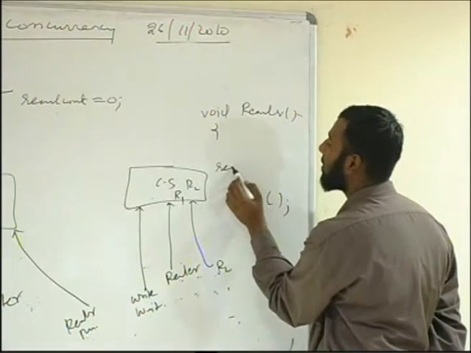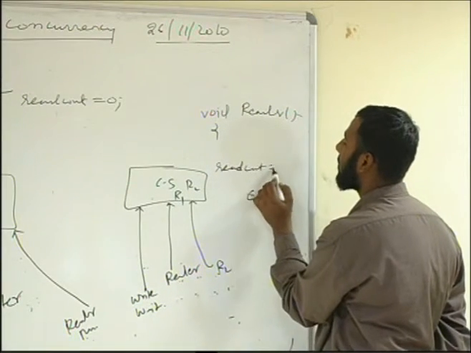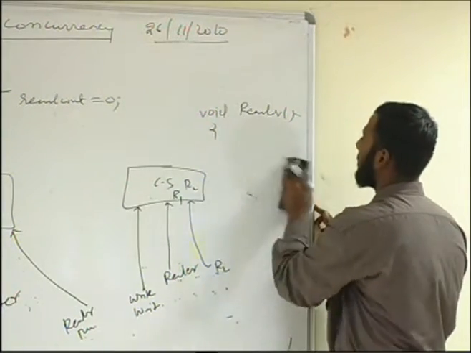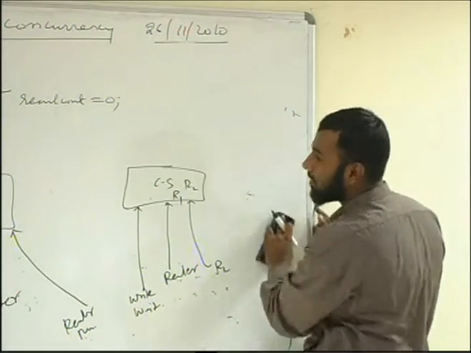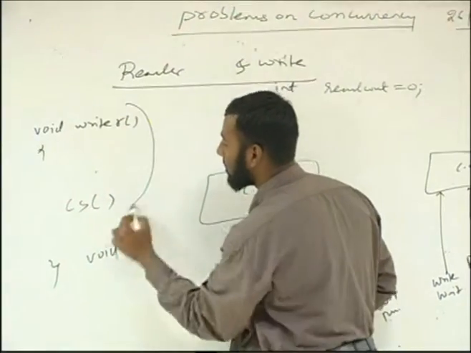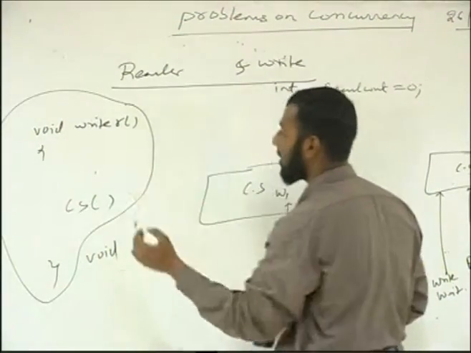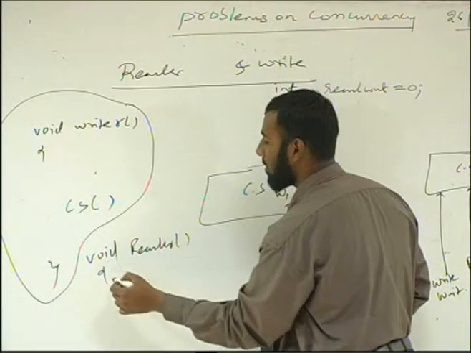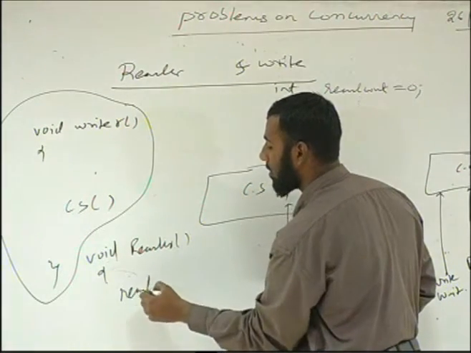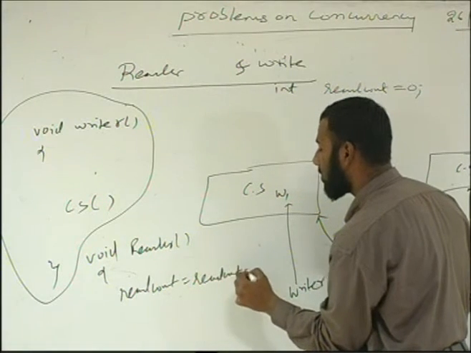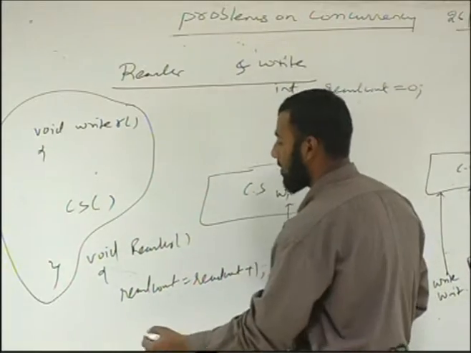So it will make read count equal to read count plus 1. I'll write it here. Okay. So void, this is the writer process and this is the reader process. Okay. Read count is equal to read count plus 1.